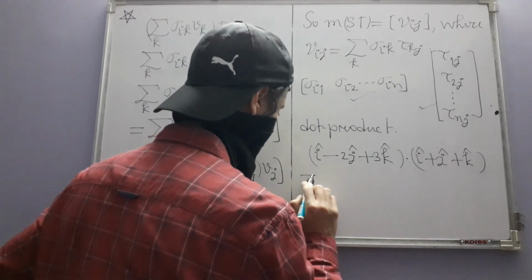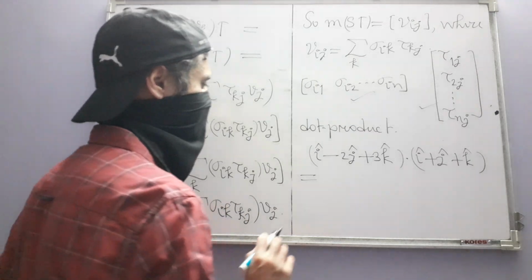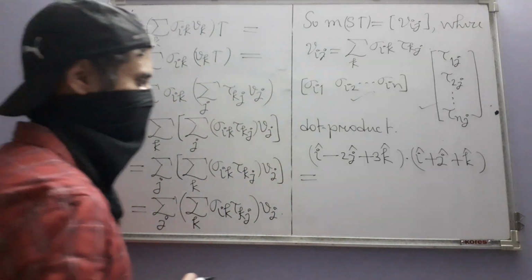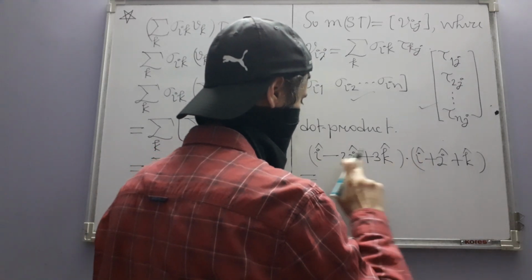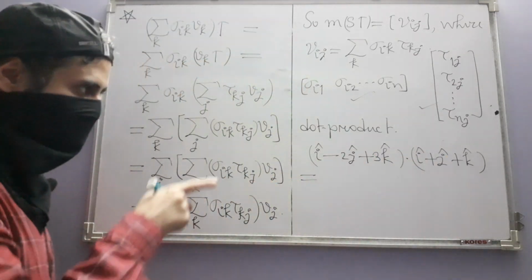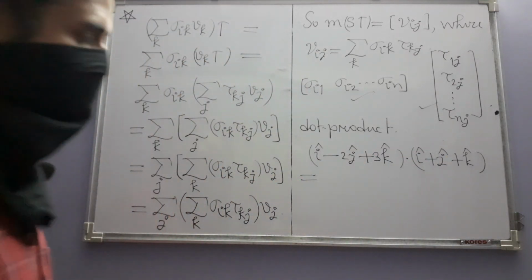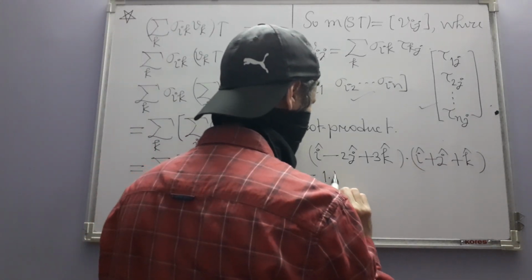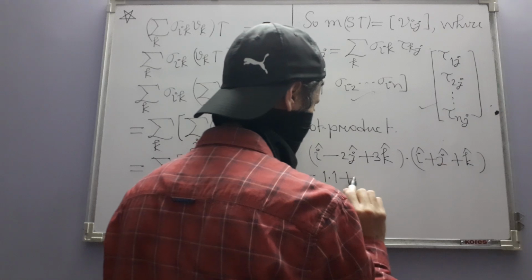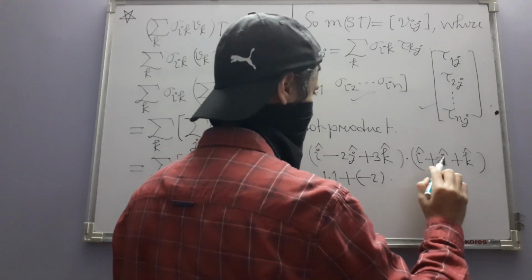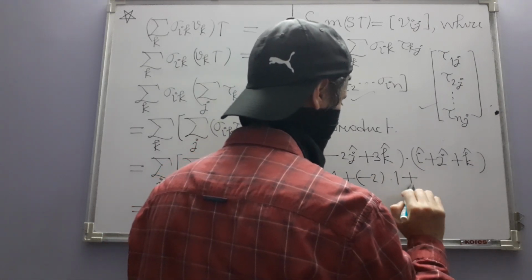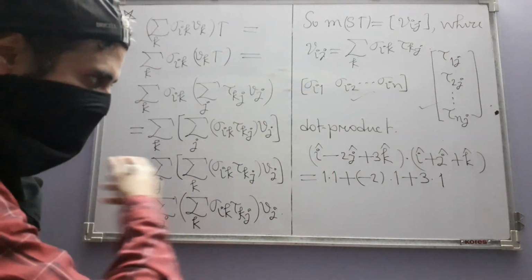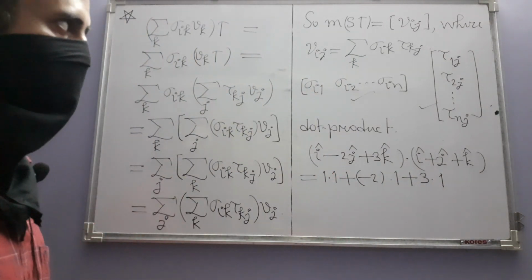Using properties of dot products you can calculate, but there is a rule also which is a consequence of those properties. You multiply the corresponding scalars of these unit vectors. Here the scalar is 1, you multiply that with this one. Here the scalar is minus 2, you multiply that with 1. Here the scalar is 3, you multiply that with 1. And you take the sum of all those multiples.